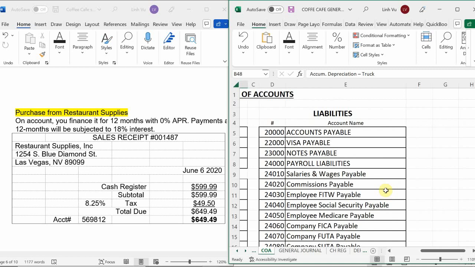You're not obligated to pay within the 12 months. Because in this case, they said you have 12 months with 0 APR, so are you obligated to pay right away? No. But if you start making payments, go ahead. So that's why it would be a notes payable instead of accounts payable, because it's not required.